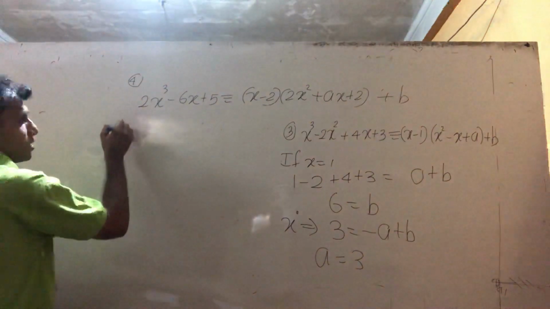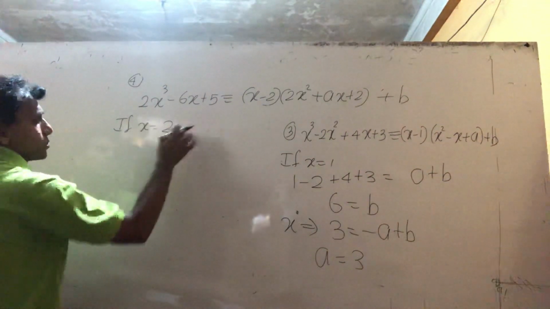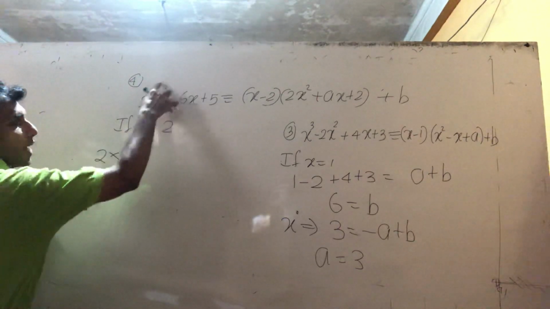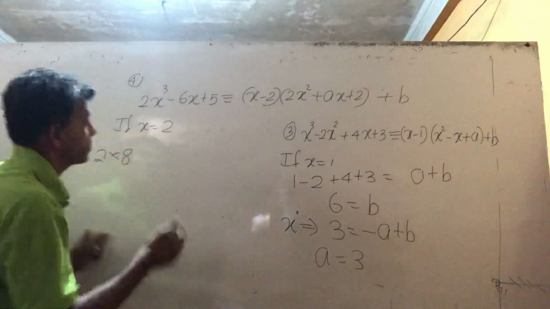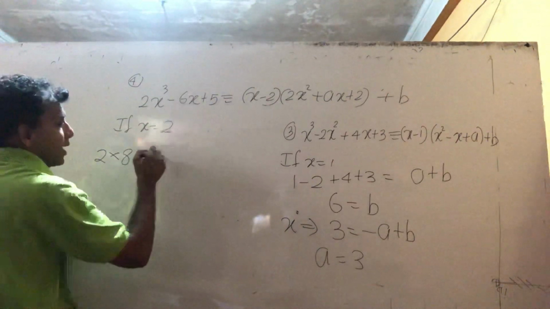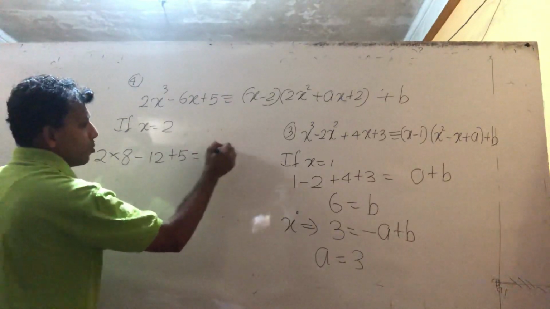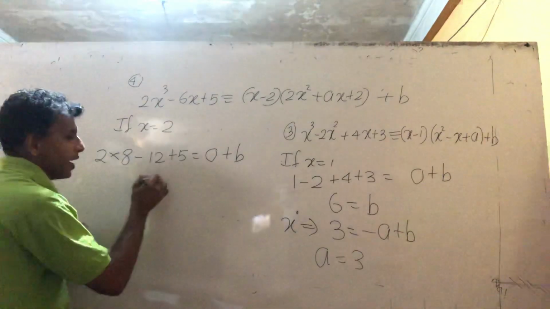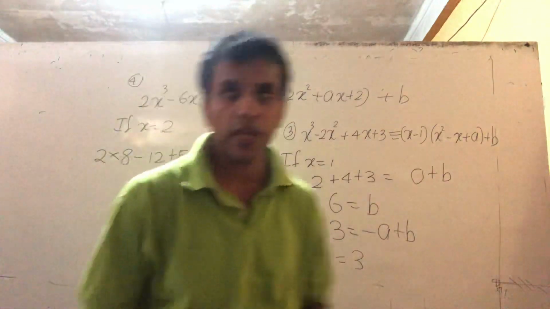If x equal to 2, put x for 2: 2 into 8, not like in all your maths, quickly you have to work, right? 16 minus 12 plus 5 equals 0 plus b. So 16 minus 12 is 4, plus 5, b is 9. B equal 9.